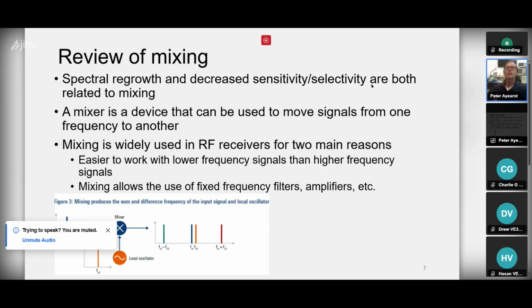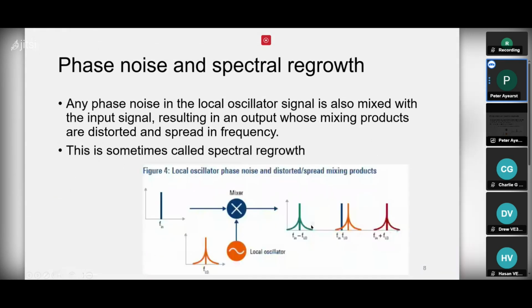In figure 3, we see your typical signal of interest on the left coming into your mixer with your local oscillator, and it's nice and clean. And we all know this is what your output is, the plus and the minus. Any phase noise in the local oscillator is now also mixed with the input signal, and this results in mixing products that are distorted and spread in frequency.